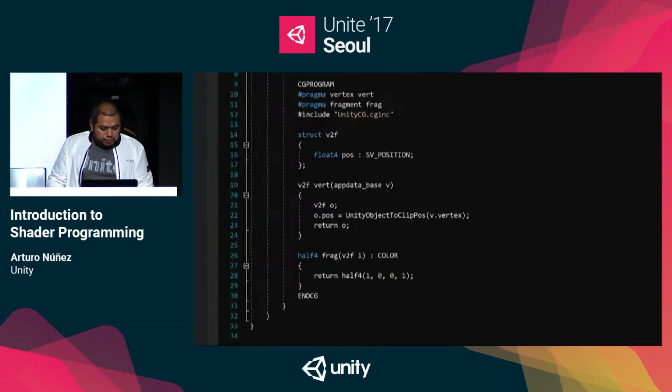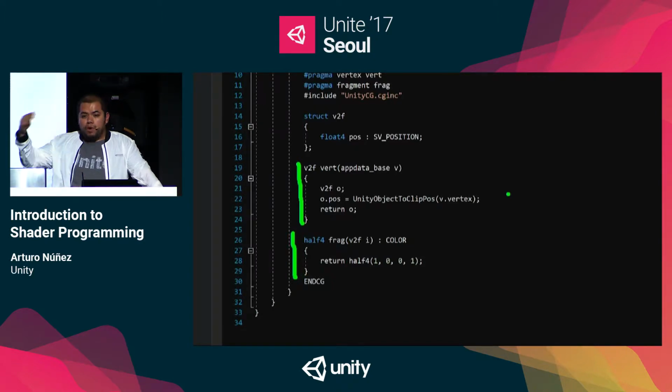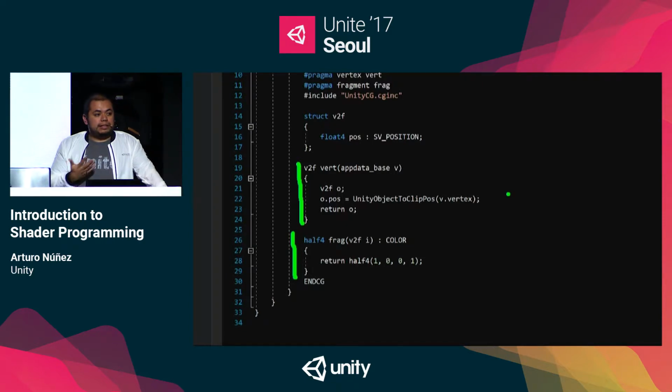Okay, let's continue. As you remember, I mentioned that Unity will execute first the vertex program and then the fragment program. So we will execute this vertex program and then this fragment program, right? To pass information from one program to the other, we need to use a data structure. In this case, we declared something here called v2f.